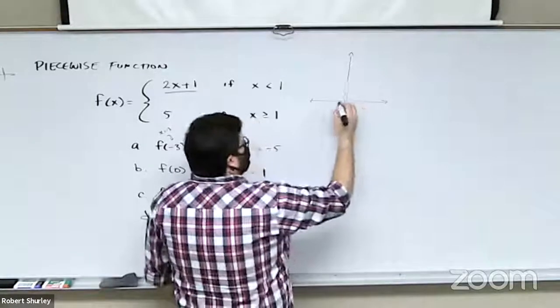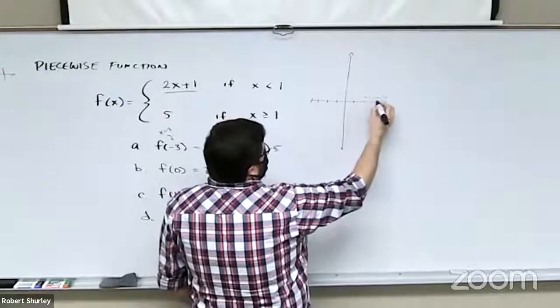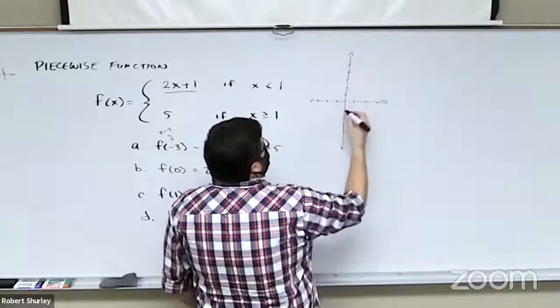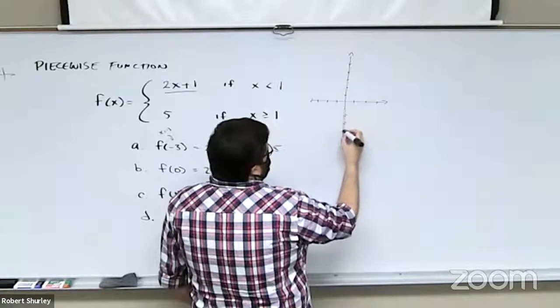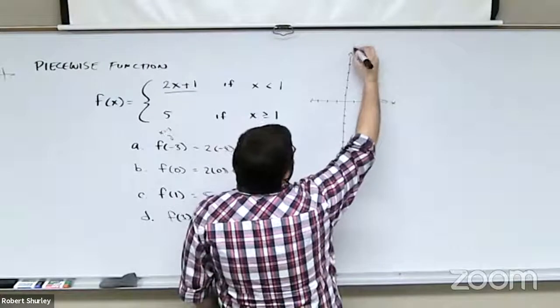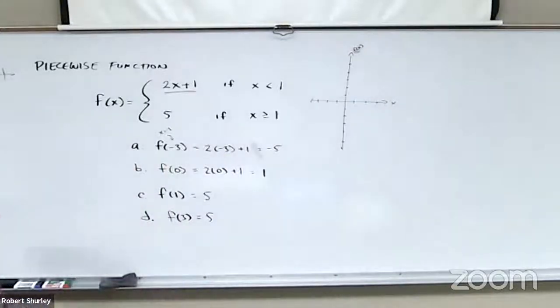So we've got 1, 2, 3, 1, 2, 3, 1, 2, 3, 4, 5, 1, 2, 3, 4, 5. We got our x's, we got our y's. Now we're calling y f of x now, right? That's a fancy way of saying y.